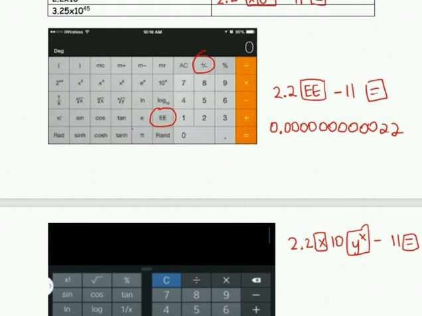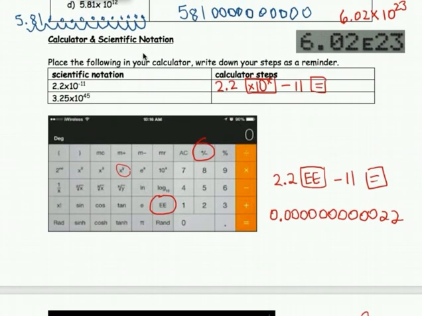So you have 2.2 times 10, and then you'll hit this one here, and then negative 11 equals. Okay, so go through and try the next one here, 3.25 times 10 to the 45. And also jot down what it looks like on your calculator, okay?